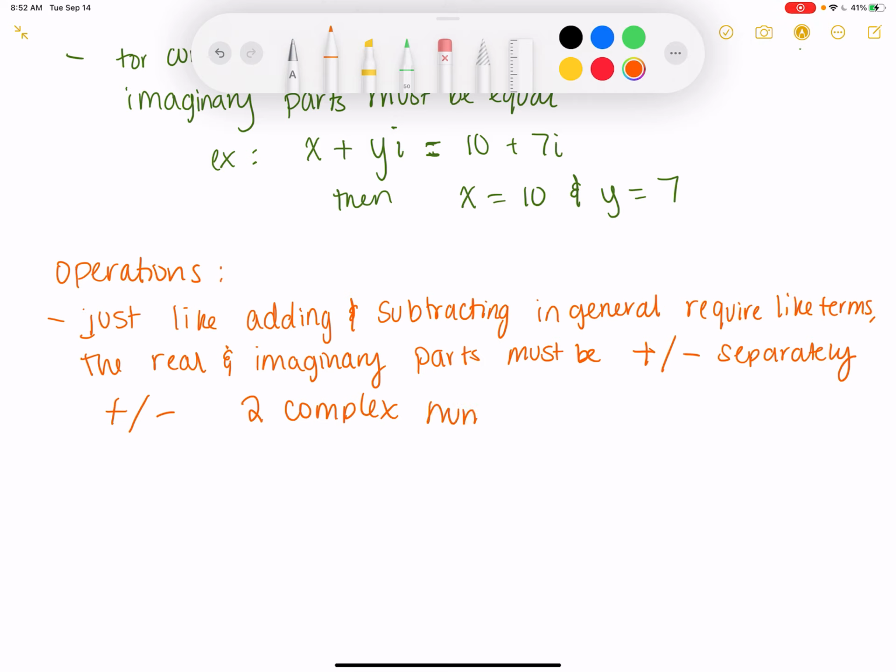This is kind of like a heading here, this one line.